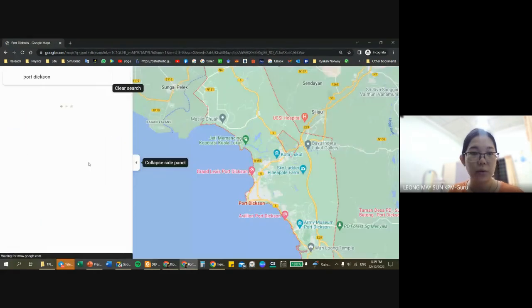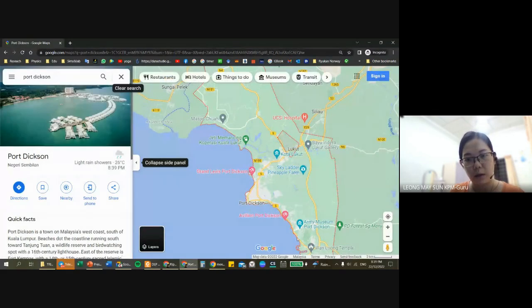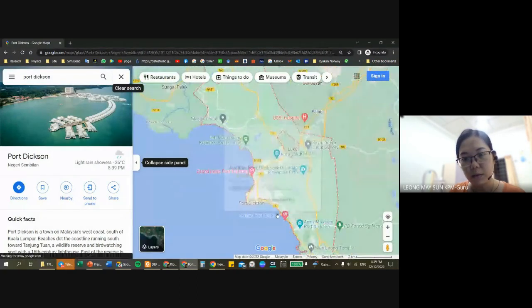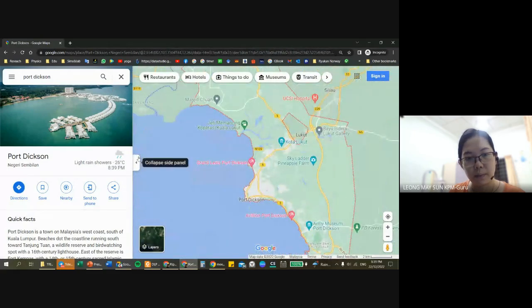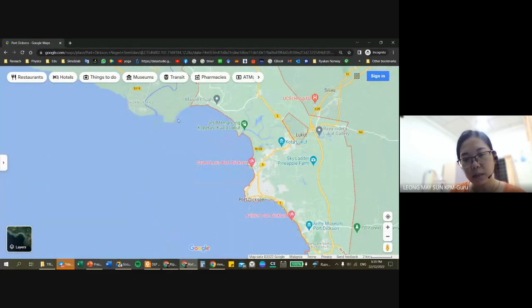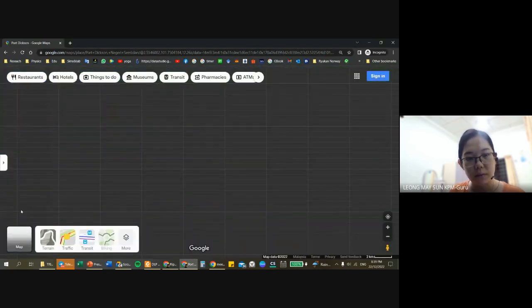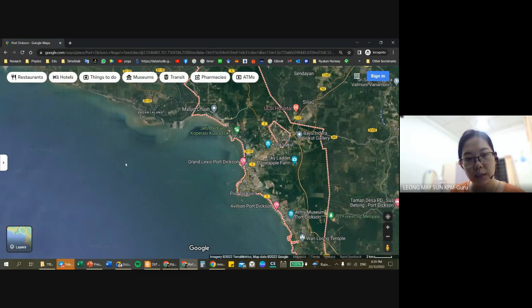So I'm going to show you one situation right now. If you look at this view, this is actually the deep sea region of the Malacca Straits.